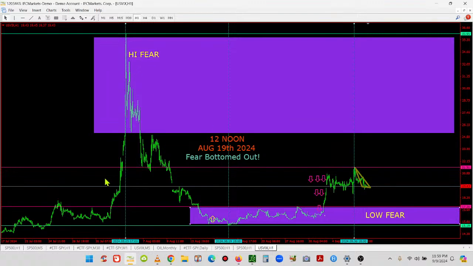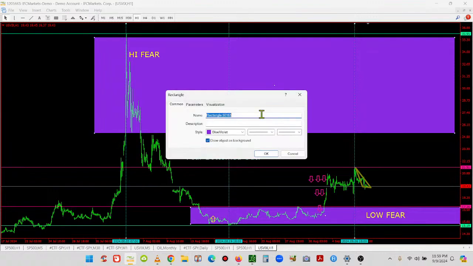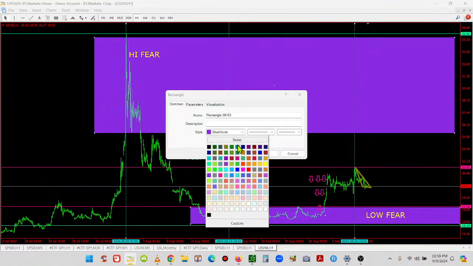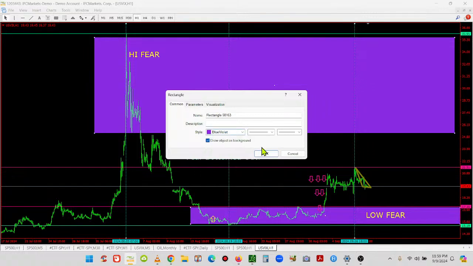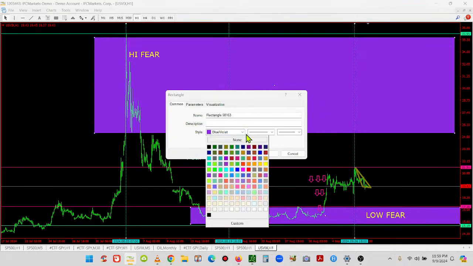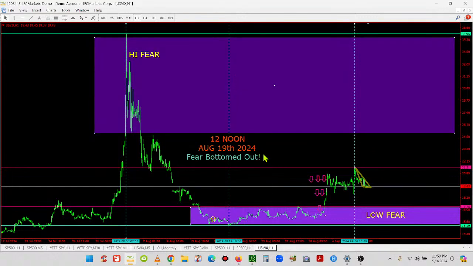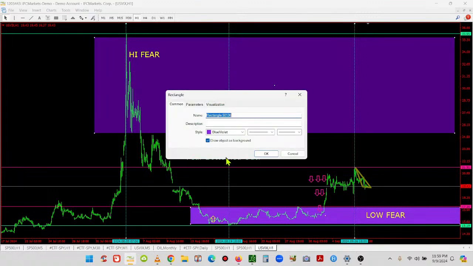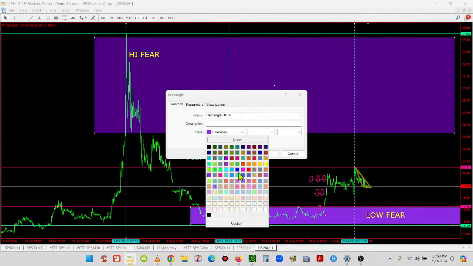And we will tweak our fear chart later. I'm going to make this darker because I just want it darker. Oh, it's blue violet. How dare you, blue violet? All right, that looks better. And low fear is going to be the blue zone.